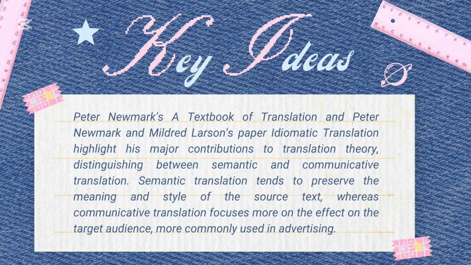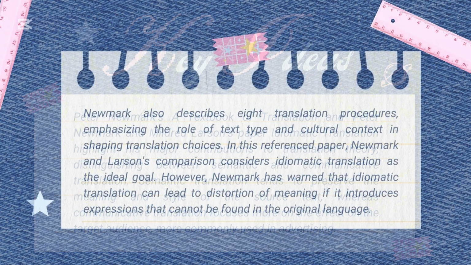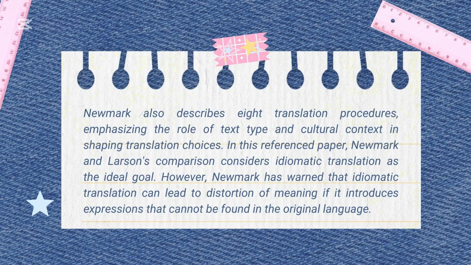Key ideas. Peter Newmark's A Textbook of Translation and his paper with Mildred Larson, Idiomatic Translation, emphasize his key contributions to translation theory. He distinguishes between semantic translation, which preserves the source text meaning and style, and communicative translation, which prioritizes the target audience response, especially in contexts like advertising.